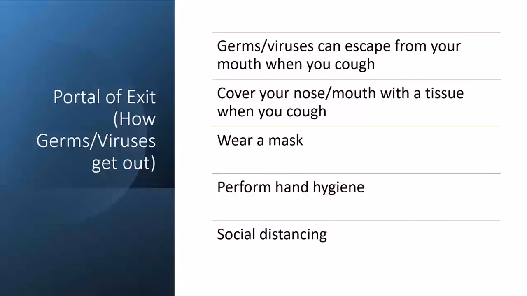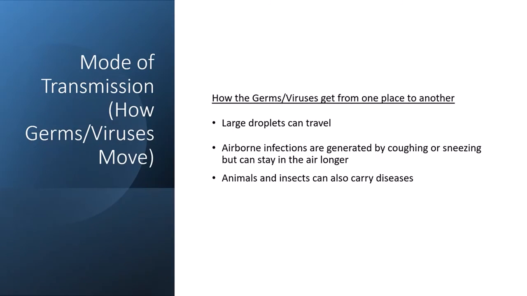Placing a surgical mask on a patient if it doesn't compromise their respiratory function. Performing hand hygiene after you come in contact with contaminated respiratory secretions, and maintaining spatial separation greater than 6 feet from people with any respiratory infection. And that's that social distancing again.